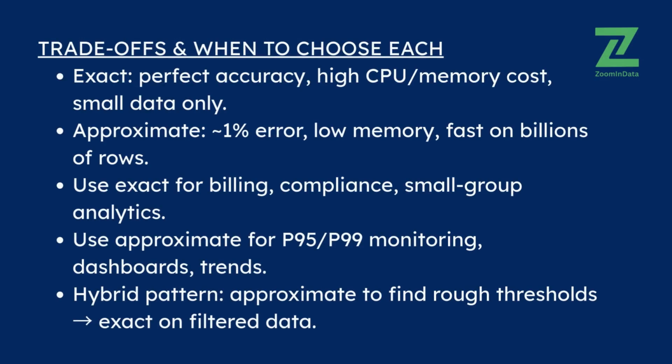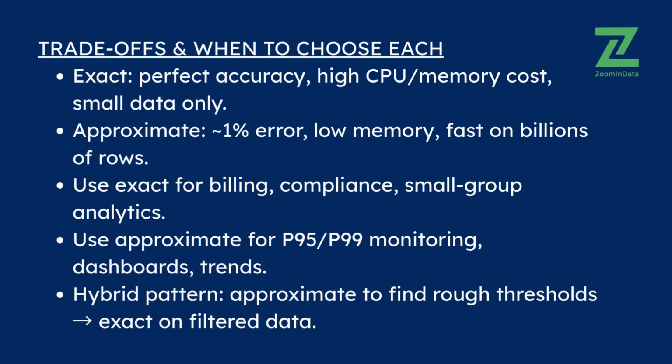Here are the key trade-offs and decision rules. Exact percentile and ranking give perfect accuracy but come with high CPU and memory cost, only viable on small data. Approximate gives about 1% error but uses tiny memory and stays fast even on billions of rows, perfect for production monitoring.